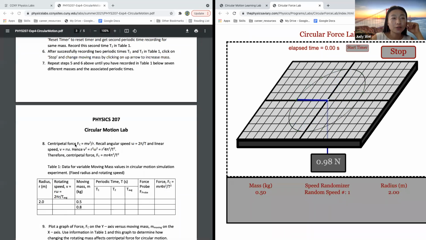So the centripetal force is equal to mv squared over r. Let me write this down.